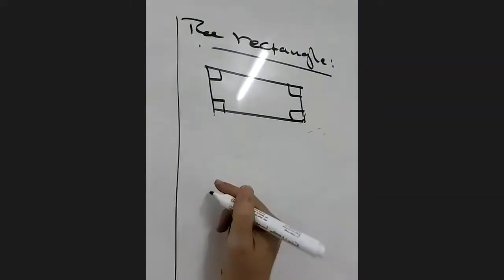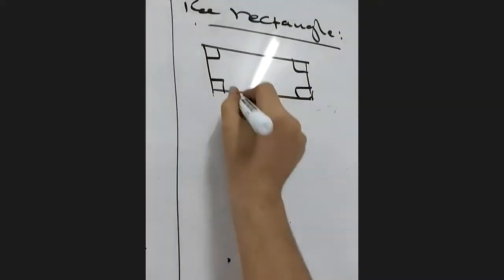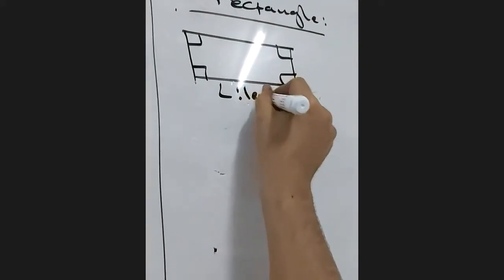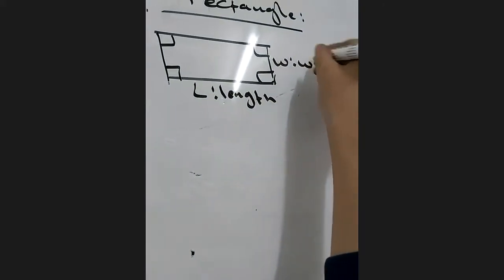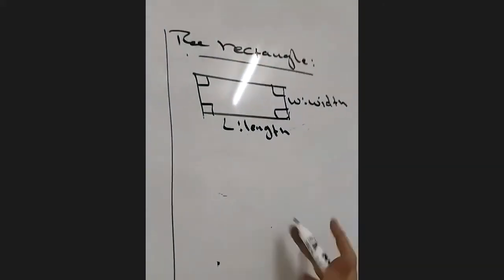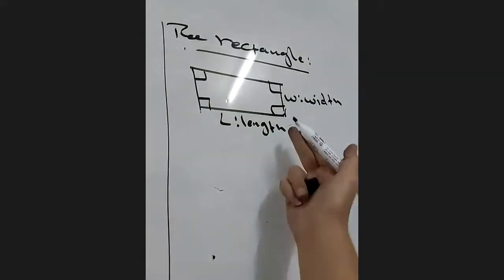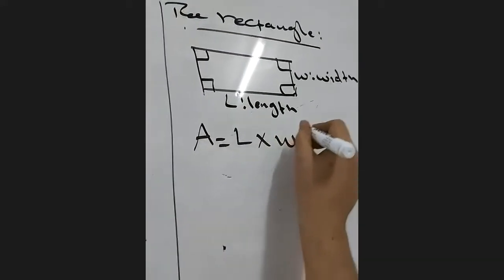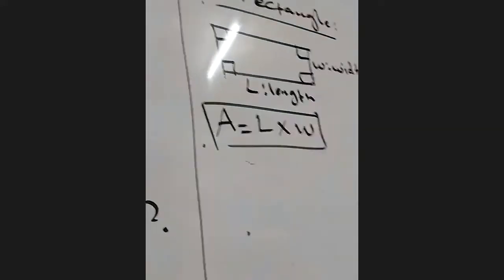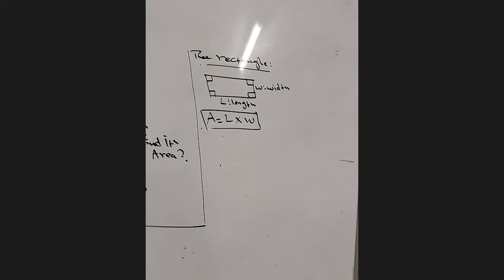We call it a rectangle. It has two dimensions. Length, we call it L, and width, we call it W. Now, the area of it is length multiply width.